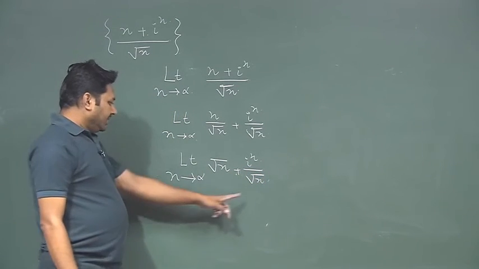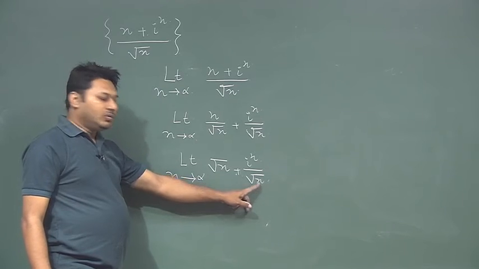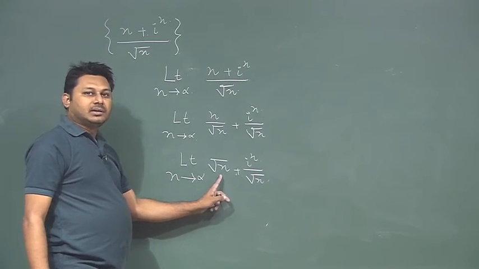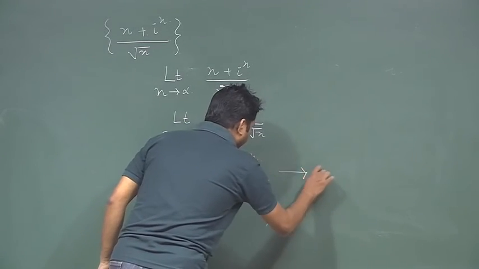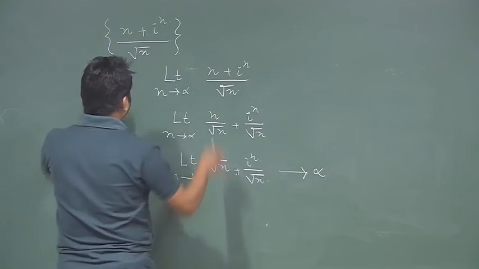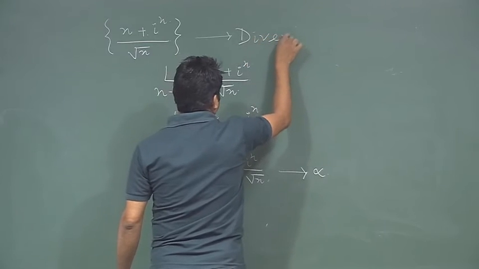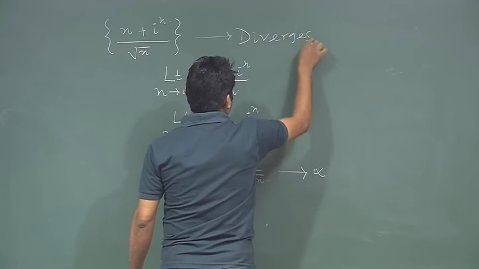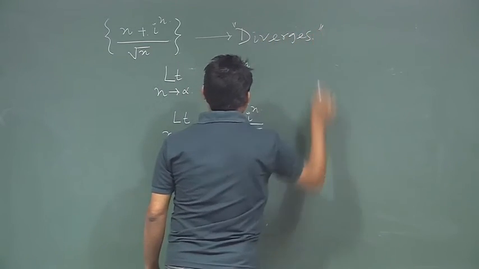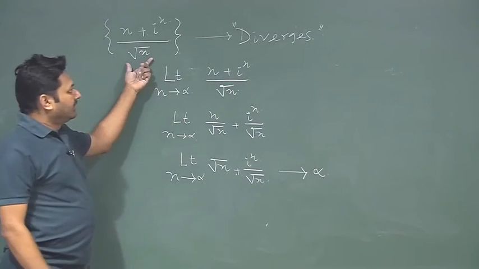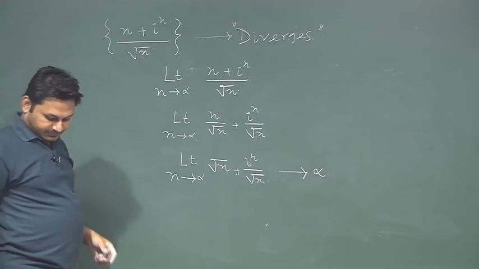When n tends to infinity, this quantity can go to 0, but this quantity is infinity. So, the value is infinity, that means this sequence diverges. Okay.